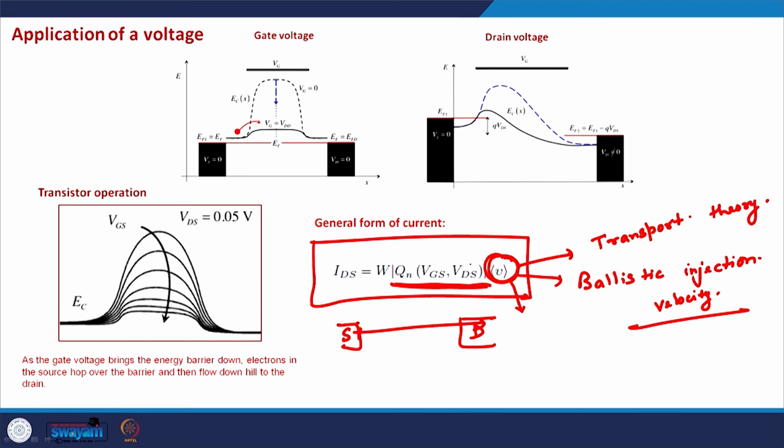And this charge profile inside the MOSFET is because of the application of the gate voltage and the drain voltage. This is typically the subject matter of the electrostatics, or this depends on the electrostatics inside the MOSFET.